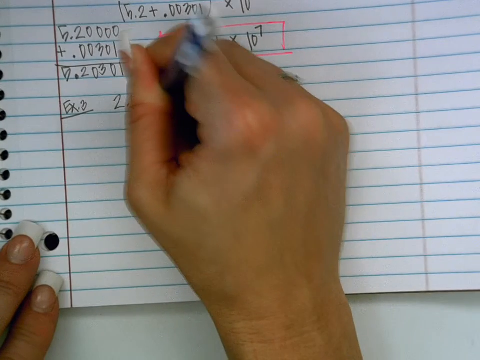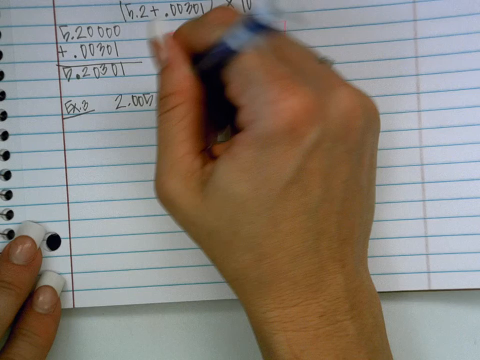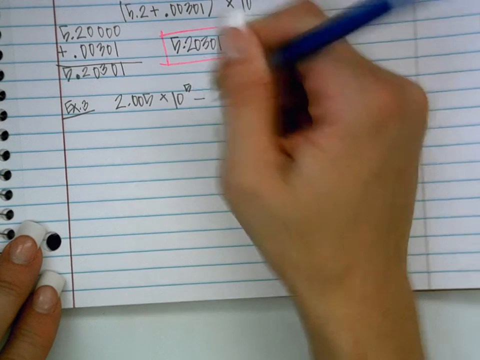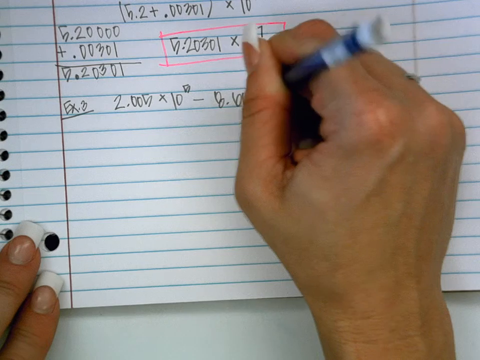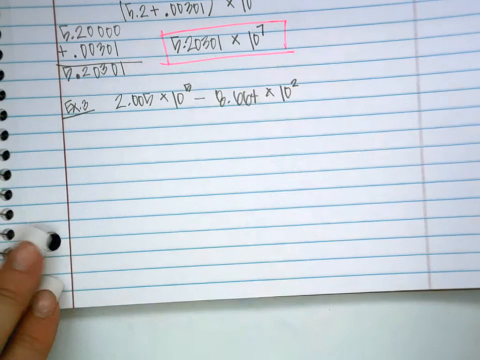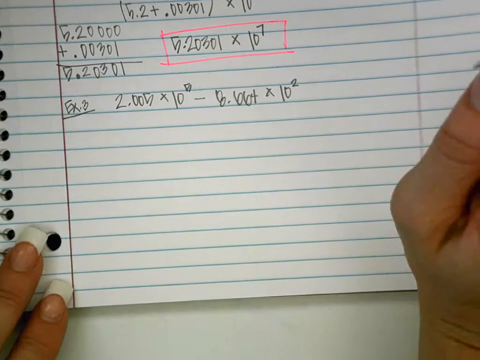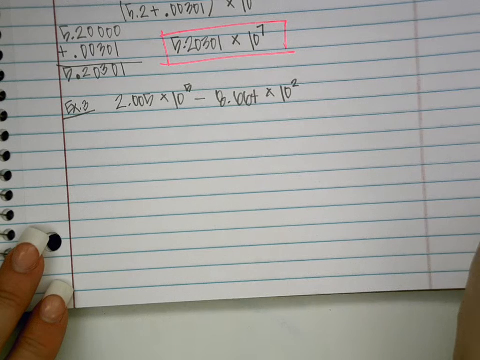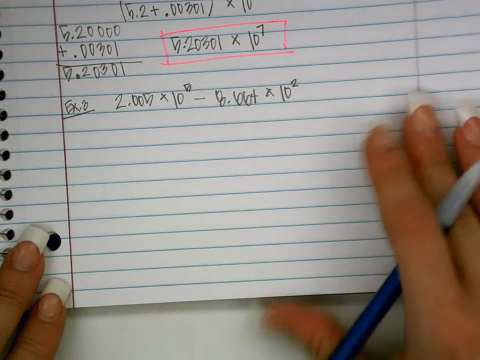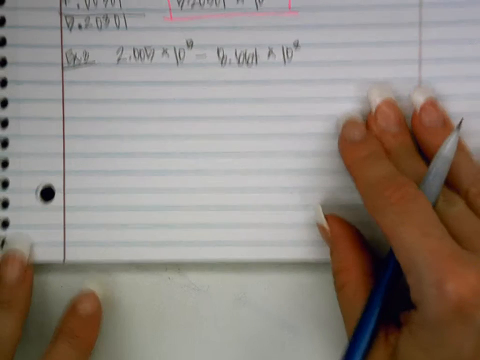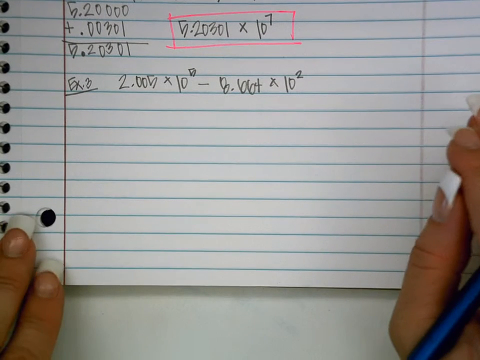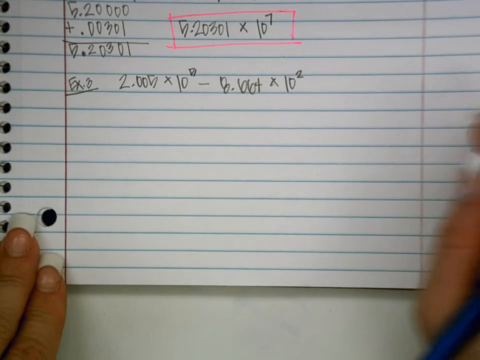2.005 times 10 to the 5th minus 8.664 times 10 to the 2nd. 2.005 times 10 to the 5th power minus 8.664 times 10 to the 2nd power.